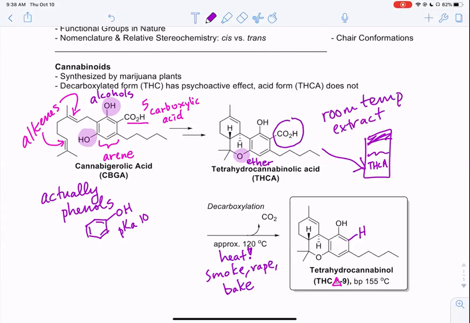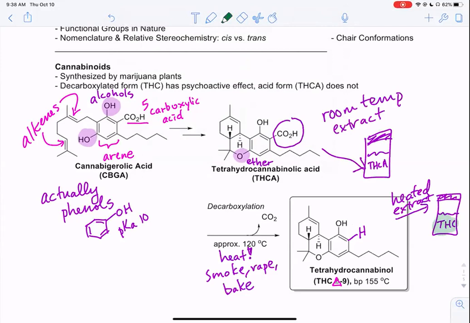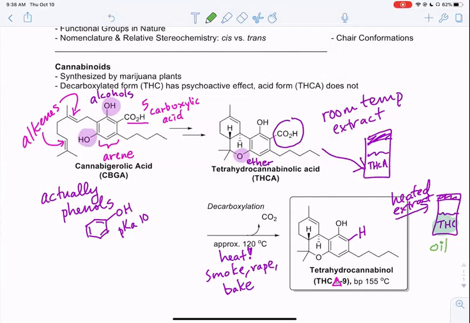But if you were to heat it, if you were to decarboxylate, so do a heated extract, or rather, you heat up the oil along with that THCA, it turns it into THC. And if you were to ingest this oil in some form, as avocado oil or olive oil, then this is the stuff that will cause those psychoactive effects. And be very careful, because these tend to be very, very strong and you can definitely overdo it. So dose carefully. But anyway, that's what functional group stuff was all about.